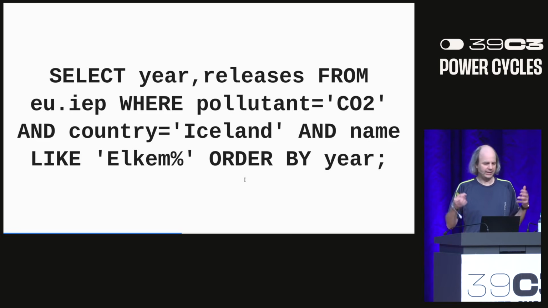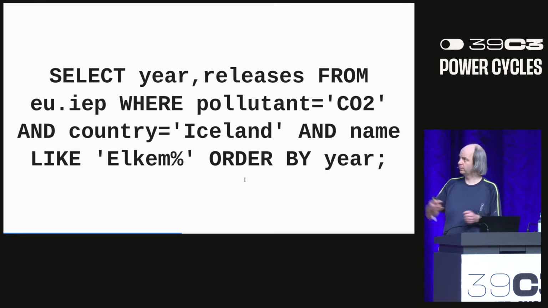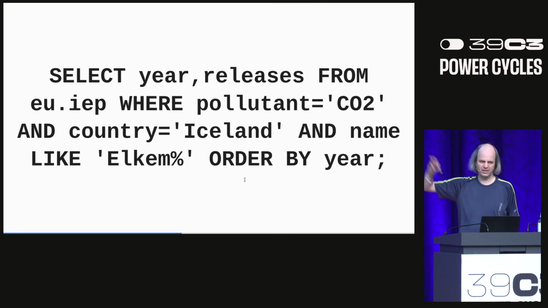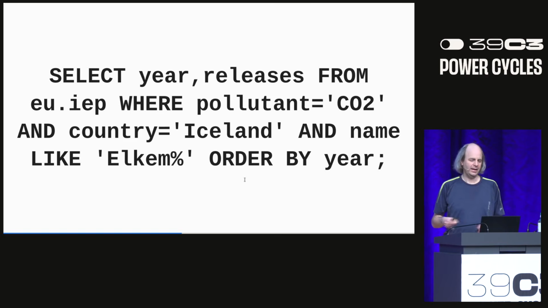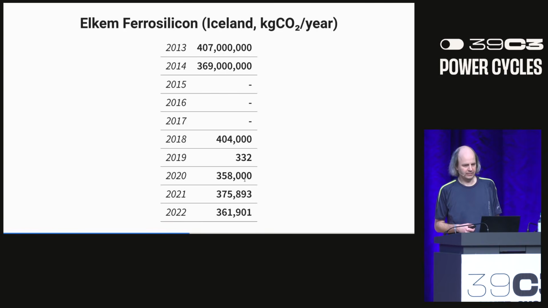We select the year and the releases, that means just how much, from this table, where the pollutant is CO2, country is Iceland, and the name, we don't really know how it's written in the database, so we just use LIKE 'Elkem%', where % is a wildcard character. And we want to order it by the year, because that makes it easier to understand what's going on. Then it looks like this.